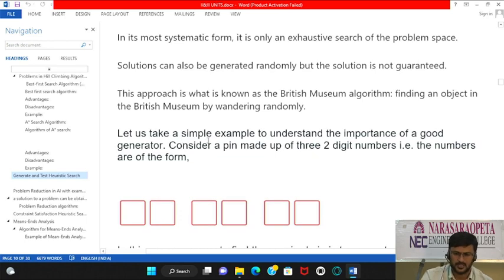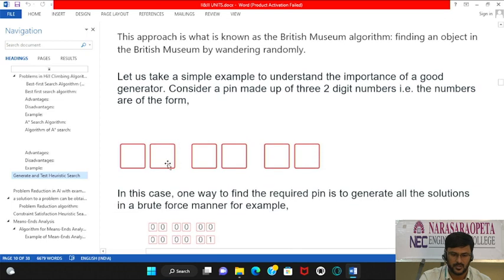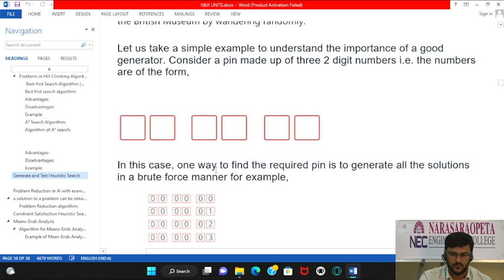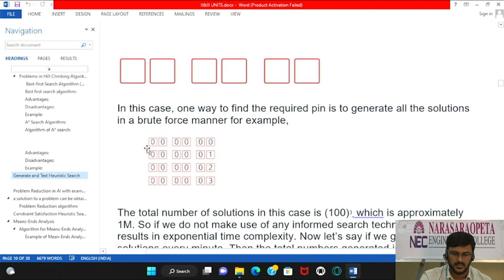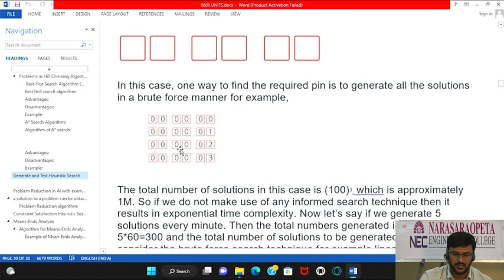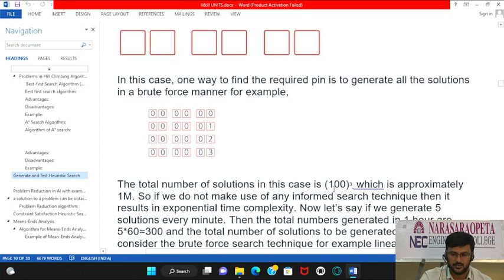Let us take a simple example to understand the importance of a good generator. Consider a lock with a three-digit number. One way to find the required number is to generate solutions in a brute force manner. In this example, the total number of solutions is 100 to the power 3, which is approximately 1 million.